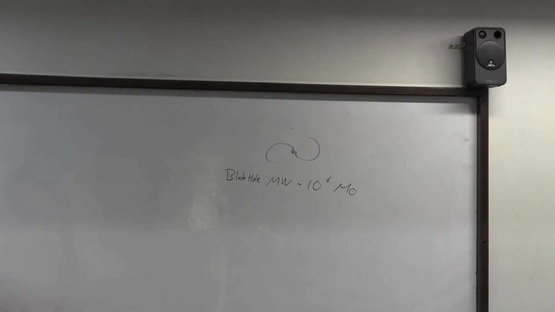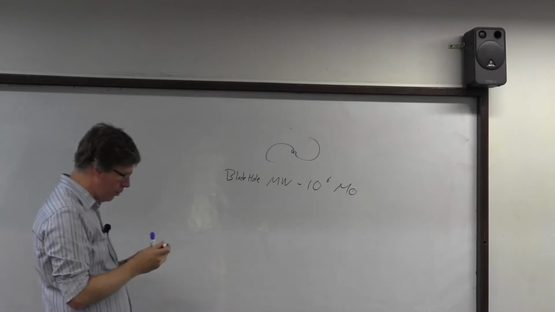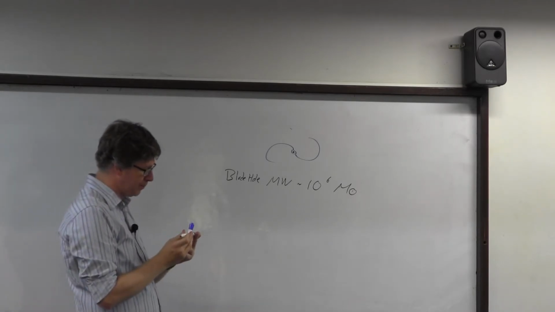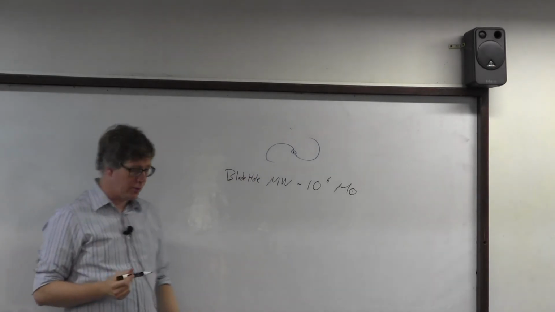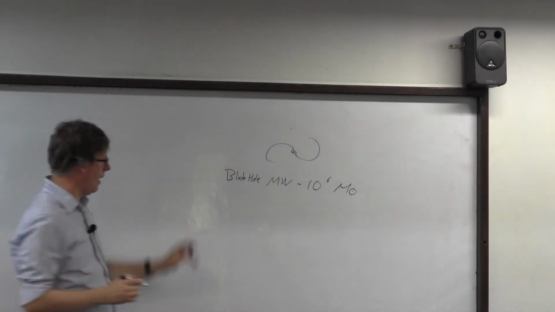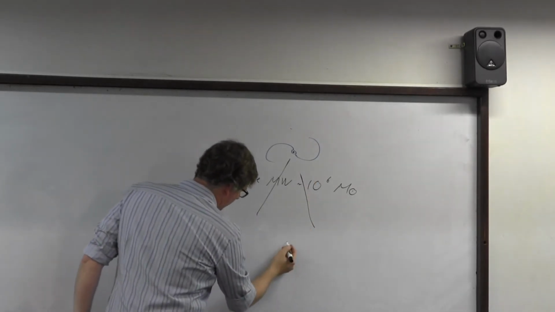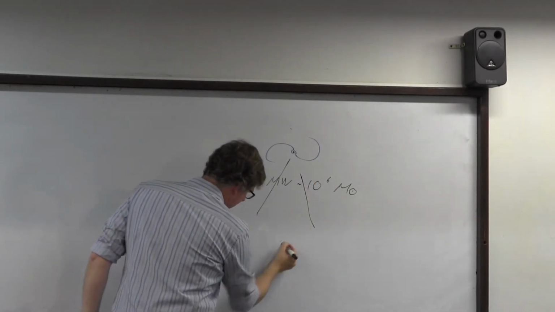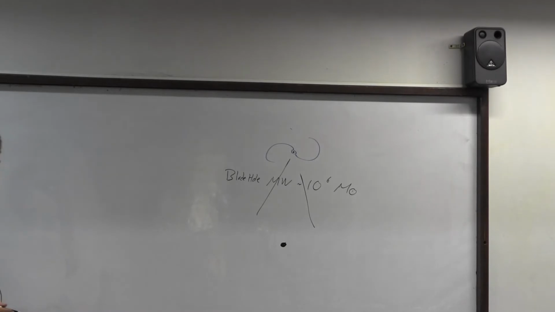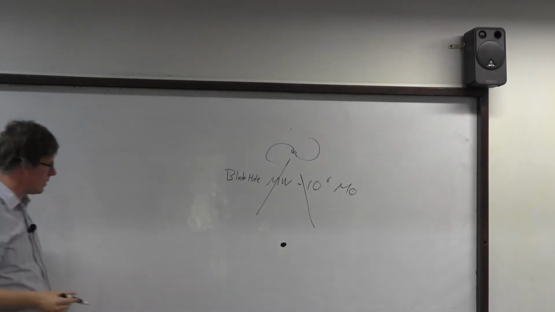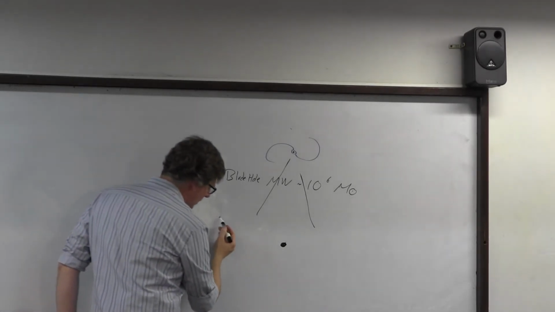Now, I looked at this galaxy from above, but let me zoom in on the black hole. Okay, so I have the black hole here, and around this black hole, we think there is an accretion disk.